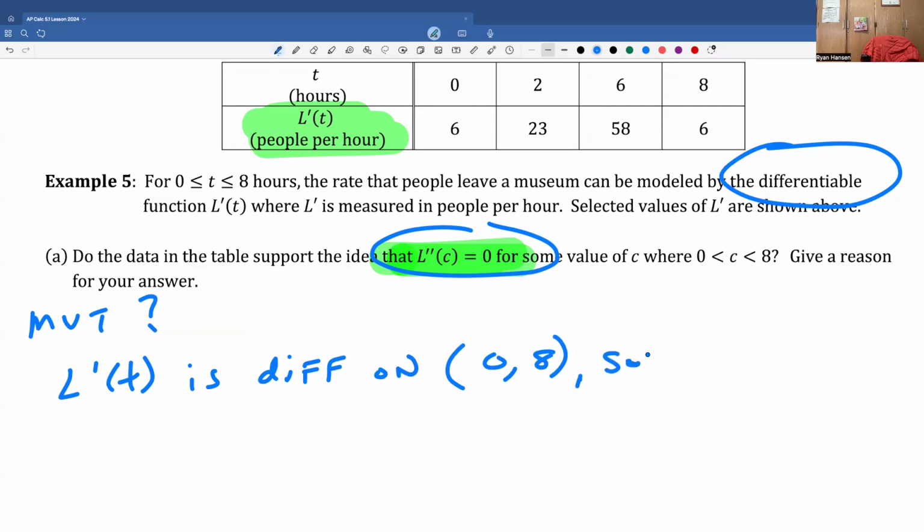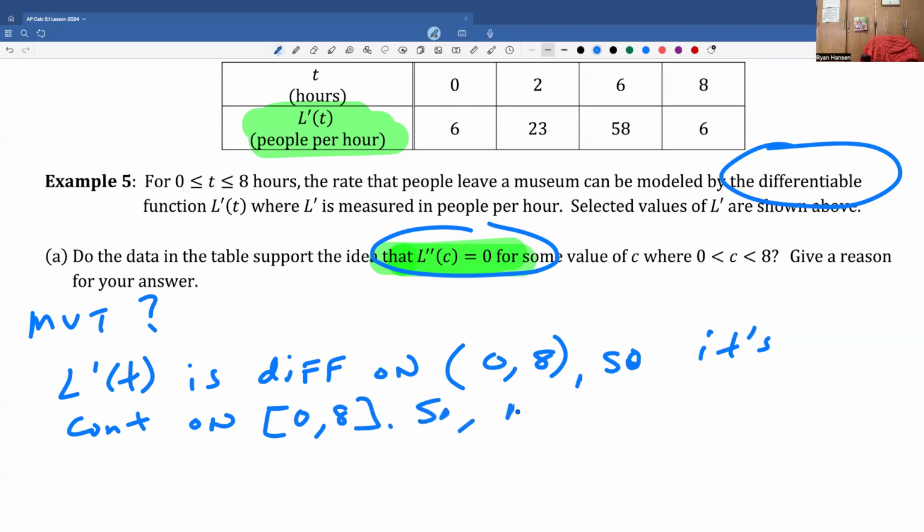The differentiability is continuity is brackets. Yes. L prime of t is differentiable on open interval 0 to 8, so it's continuous on bracketed closed interval 0 to 8, period. Okay.